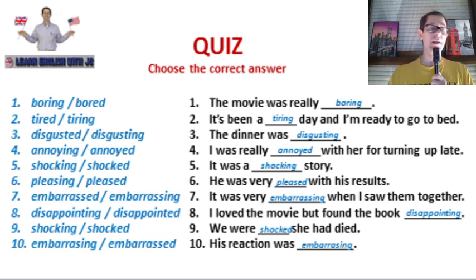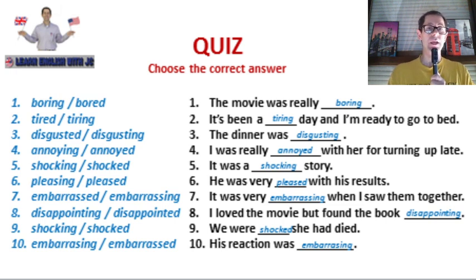All right, so let me go over them one more time before we go. I'm going to read them at normal speed now, and let's see how they sound. Number 1, the movie was really boring. Number 2, it's been a tiring day and I'm ready to go to bed. Number 3, the dinner was disgusting. Number 4, I was really annoyed with her for turning up late.